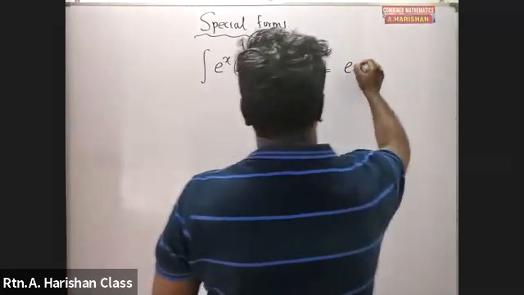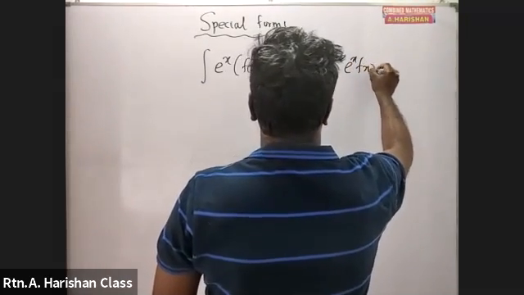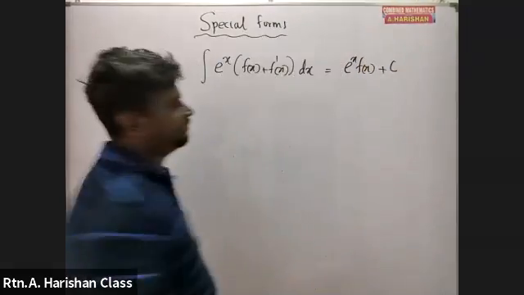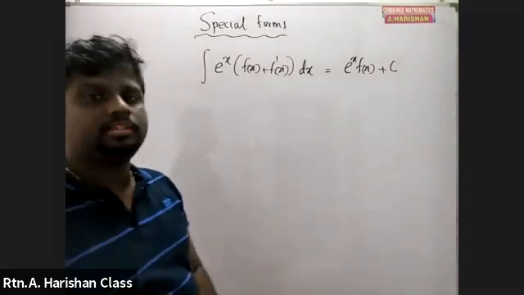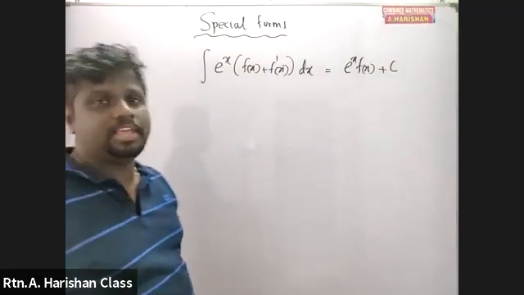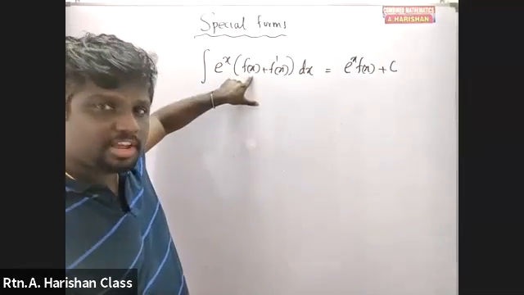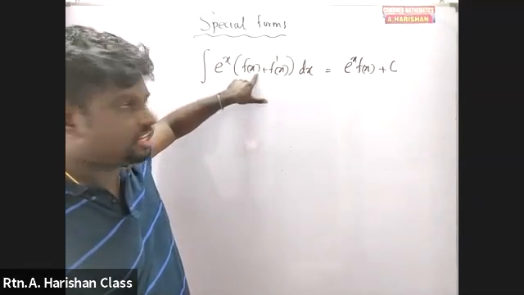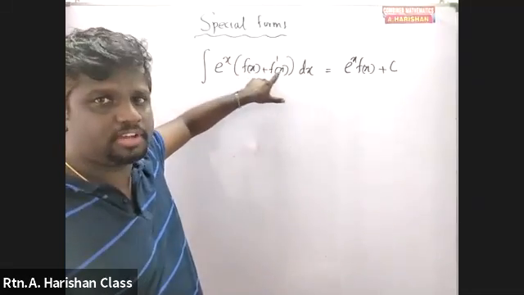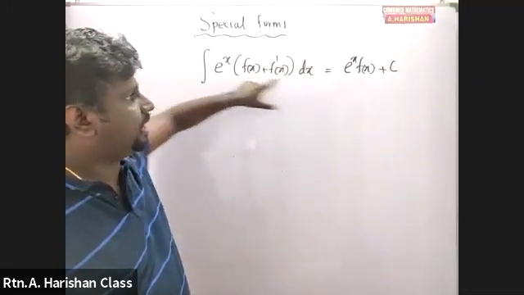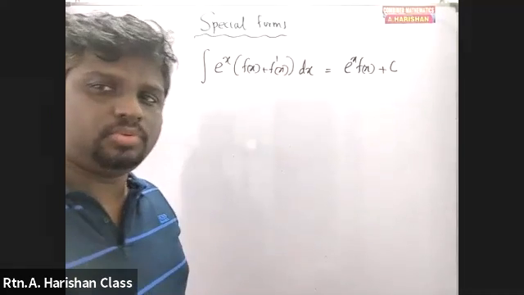This is e to the power x f of x plus c. Right now, this is a form. That means if you have e to the power x and something, any function here, and the differentiation of the function also there, then you can straight away write like that. So you have to prove that.